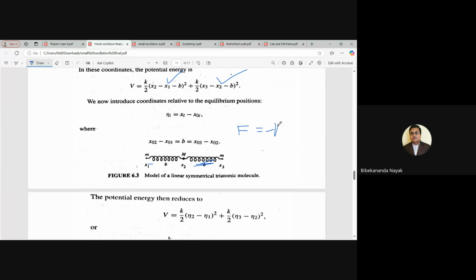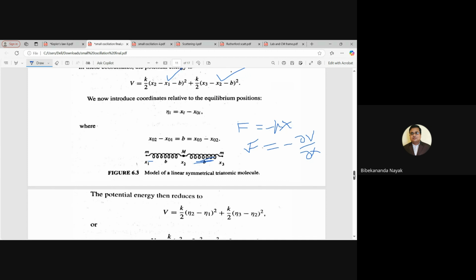But when you calculate potential from force, force is the negative gradient of potential, so you integrate with a negative sign. Our force is minus del V by del x. So V is equal to minus integration of F dx. Minus minus plus. So kx dx integration is kx square by 2. Clear? Yes, sir. Okay.